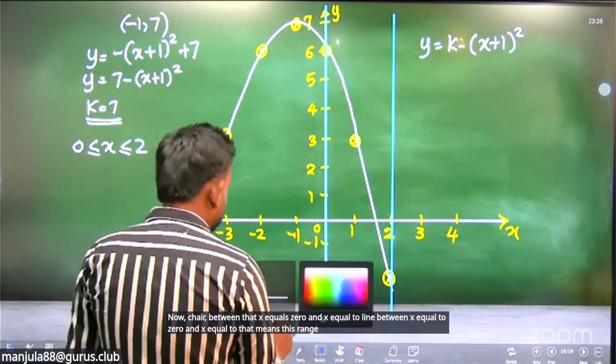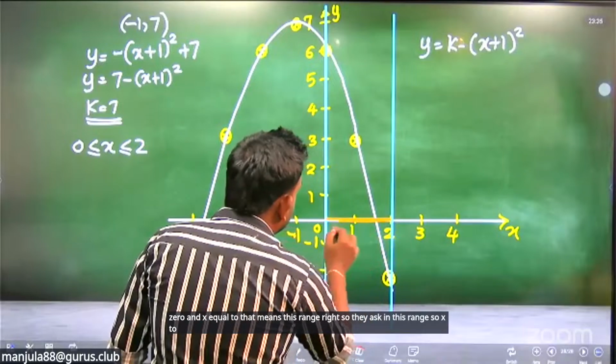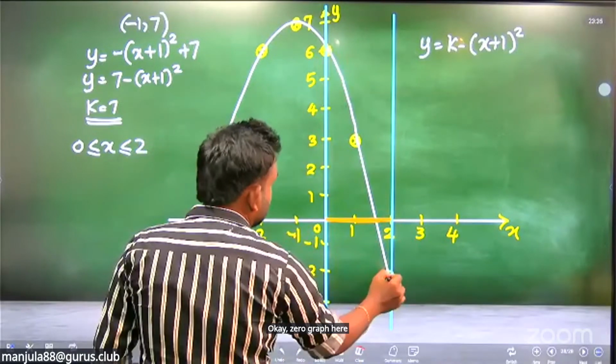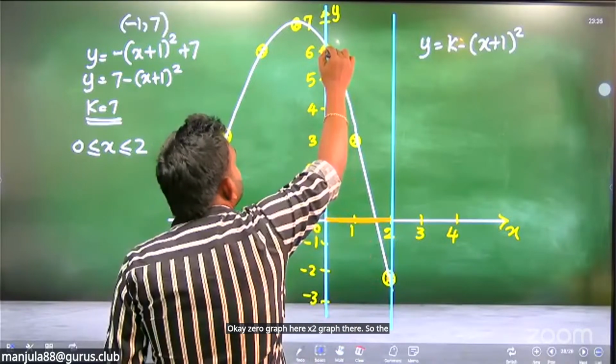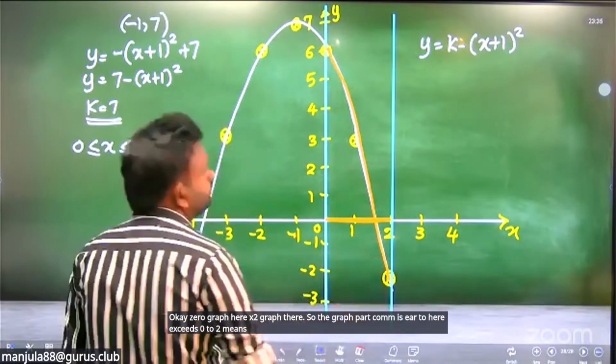So they are asking this range. So x from 0 to 2 means this part. X equals 0 graph here, x equals 2 graph there. So the graph part comes here to here.